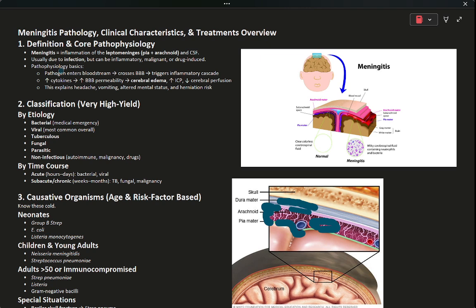The way this works is that the pathogen will first enter the bloodstream. If it's due to some infection, it's going to cross the blood-brain barrier, and this is going to trigger an inflammatory cascade involving increased cytokines, leading to more inflammatory destruction of the blood-brain barrier, thus increasing its permeability.